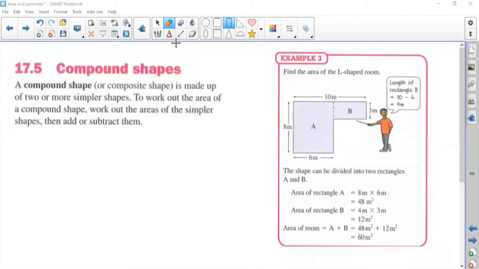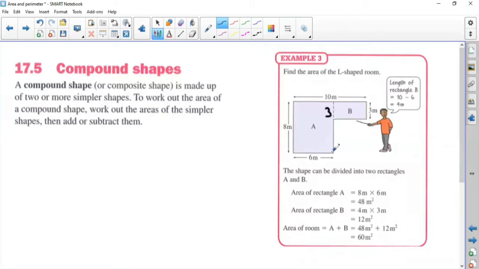Now, if we want to find the perimeter of this shape, we have to find the length of each side. If this one is 8, this one, since it is a rectangle, will be 8. Now this one is 3, so this part is 3 centimeters.